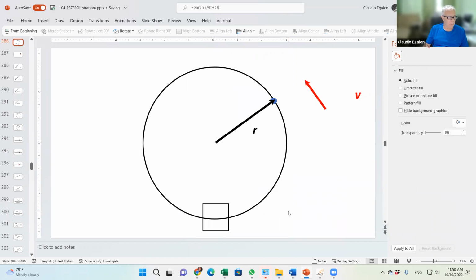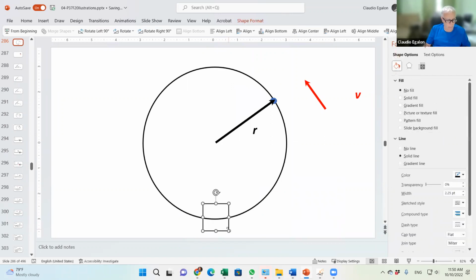Let's say the guy is either sitting down or standing up. Either way works. I'm going to put him standing up so it's easier for me to draw. Not only is he standing up, he's standing on a scale that measures the normal force being applied to him.